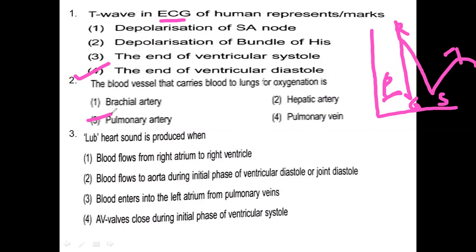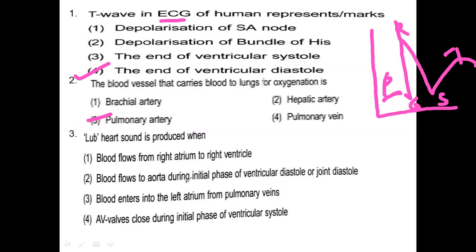Lub heart sound is produced when blood flows from right atrium to right ventricle.